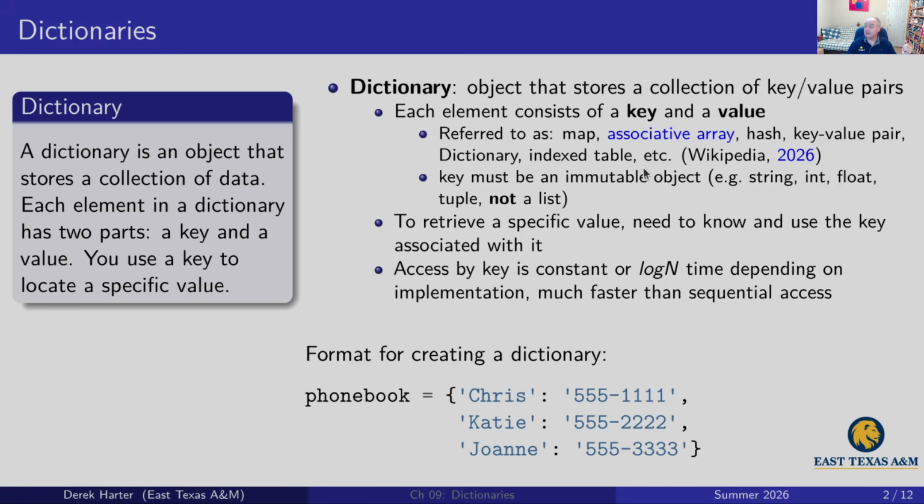So each element in a dictionary consists of a key and a value. And again, this is a common concept. You might run across a lot of names for this. These are referred to as maps, associative arrays, key value pairs, symbol tables, dictionaries. In more modern high-level languages, it is common to have something like a dictionary data type as part of the language.